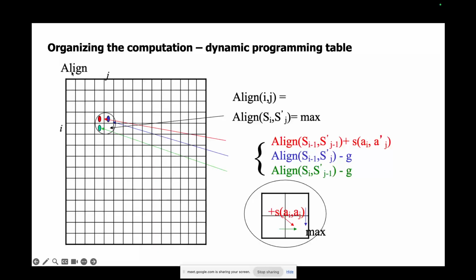So a gap can be present in either. So you compute the possibility that there can be a gap in both the sequences, and you also assume that there can be a mismatch or a match in that particular region, and you compute all these three scores. The idea is to put the maximum score in this particular box i comma j. If this is the maximum, you put the score of this here; if this is the maximum, you put the score of this here, and so on and so forth, right?